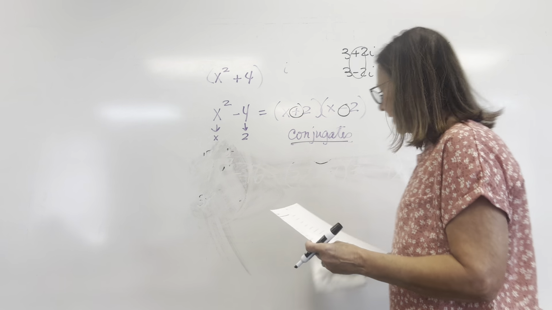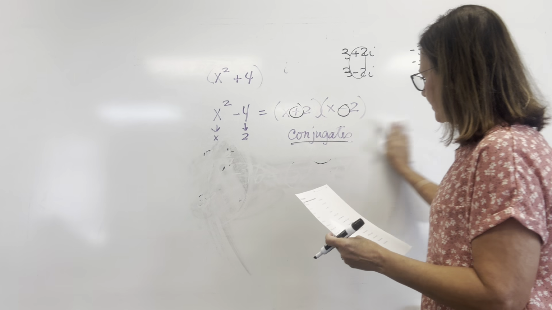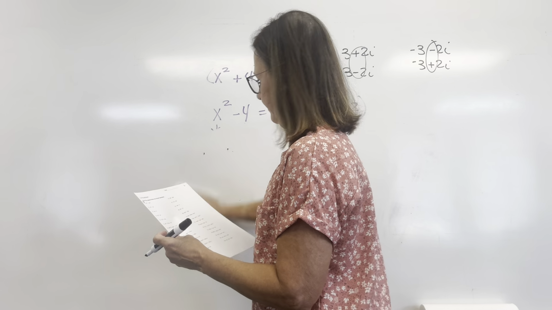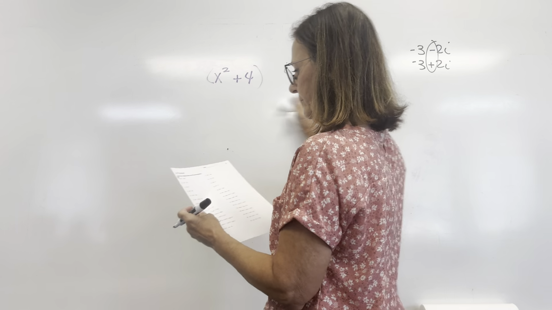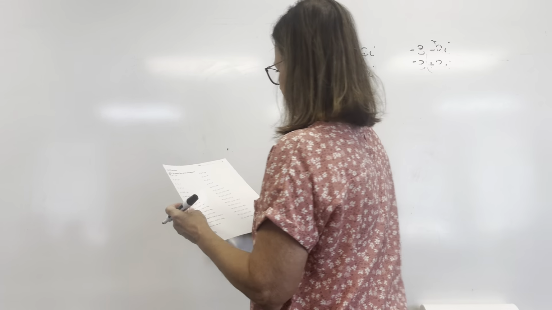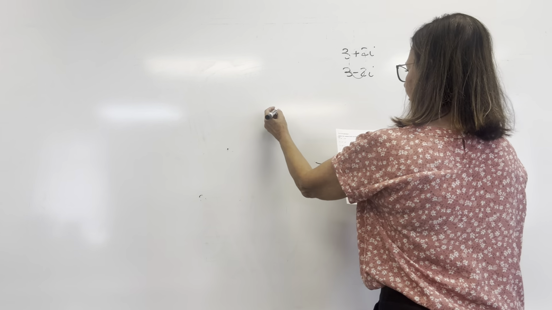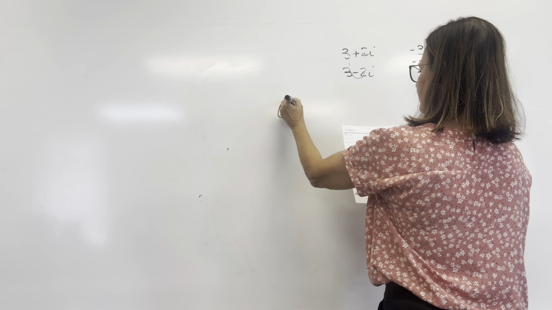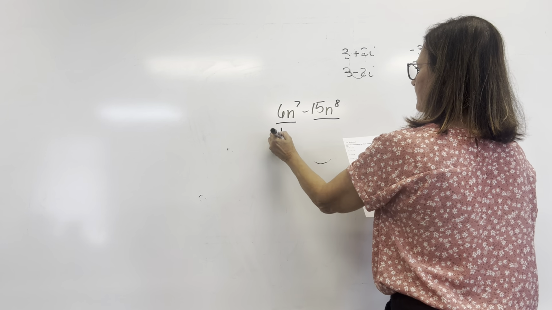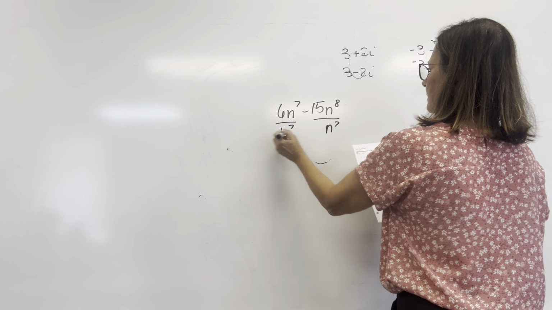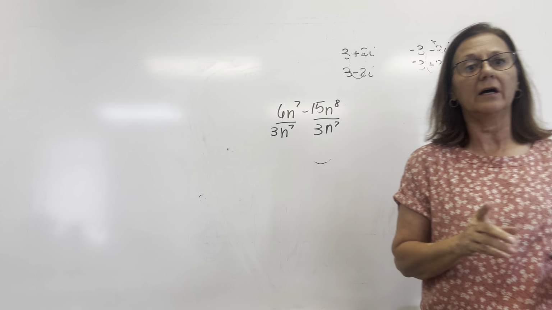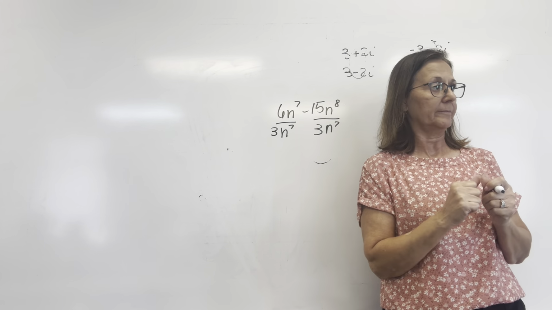All right, Locke, what can I factor out of that first term? You want everything or just one thing? Everything. Okay, well, you can factor out the n to the power of 7. And what else? 3. Okay, here's something I want to lock in your brain.